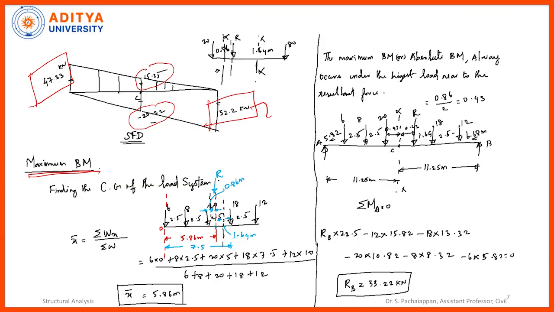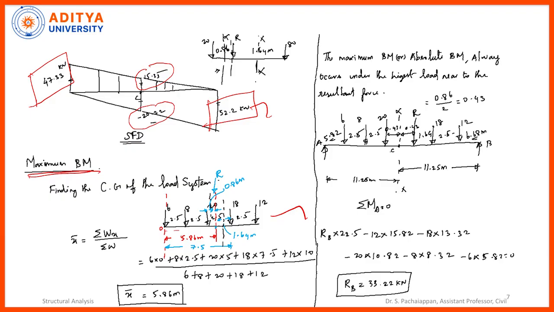Now you see, finding the CG of the load for the maximum bending moment: we have a system of point loads and we need to calculate the CG of the load. How to calculate? It's very simple. First we need to draw the system of load diagram, mentioning the load intensity and also the distance.